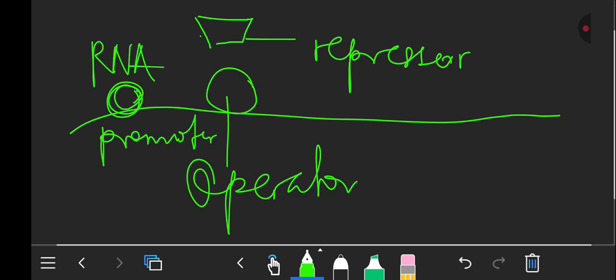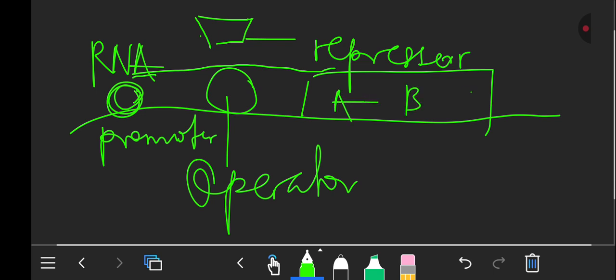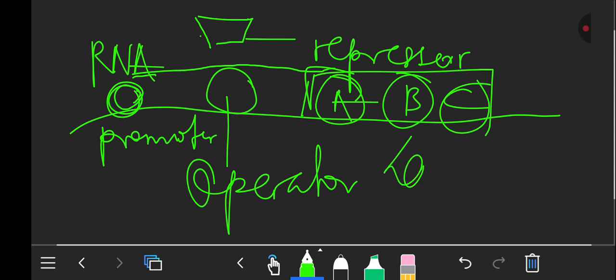So this RNA polymerase now will pass through, okay, will start to move. It will move until it passes through so that it can now transcribe the genes we have there on the structural portion. So basically this is what happens during the operation of what we are calling the Lac Operon.